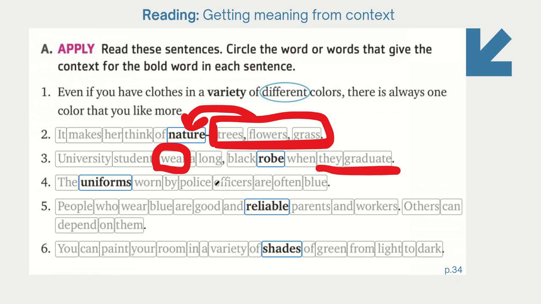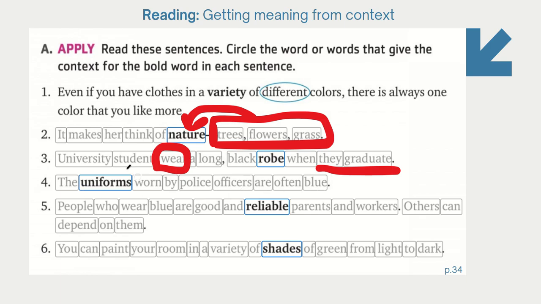Number 4. The uniforms worn by police officers are often blue. Here again, the uniforms, and this word worn is from wear. Wear, worn, worn. This is actually not past tense; it is past participle. It is passive voice. The uniforms which are worn by police officers are often blue.